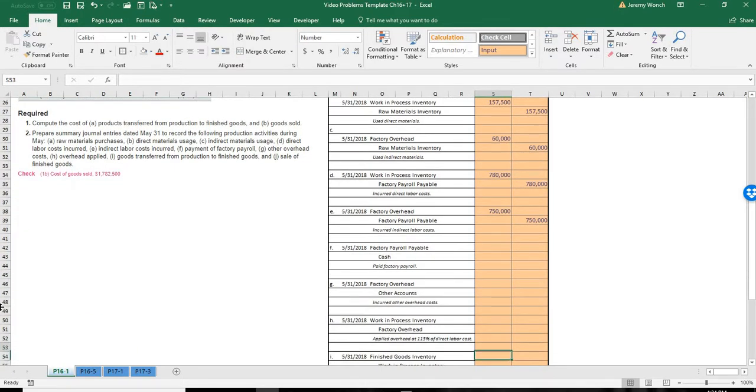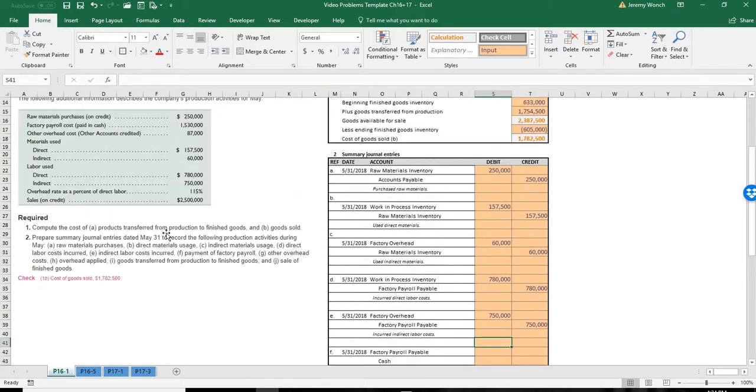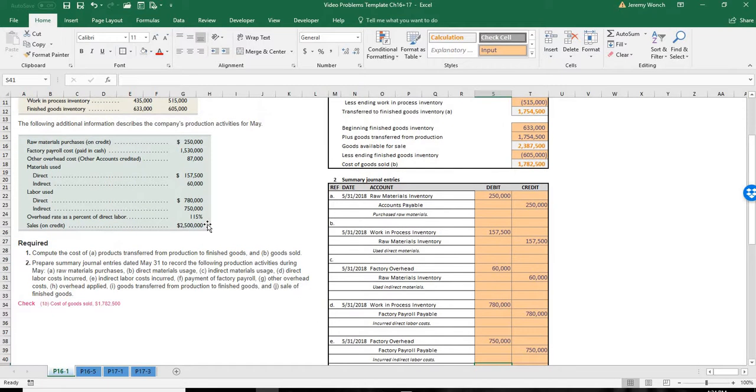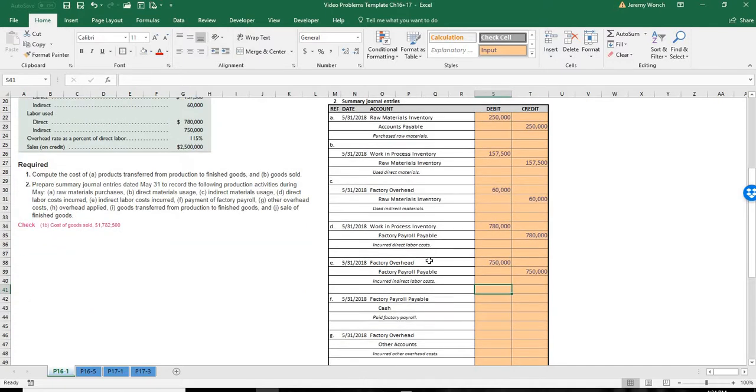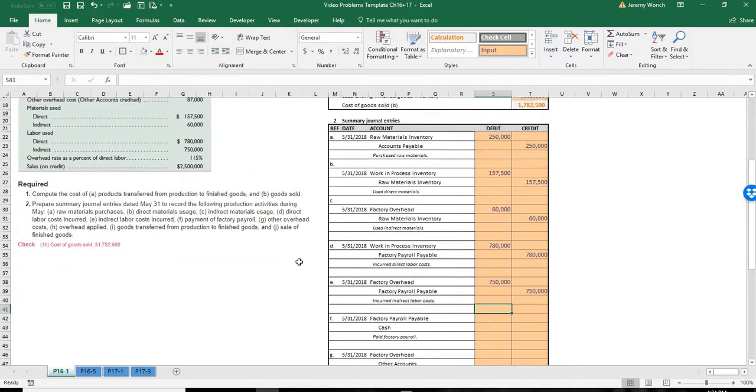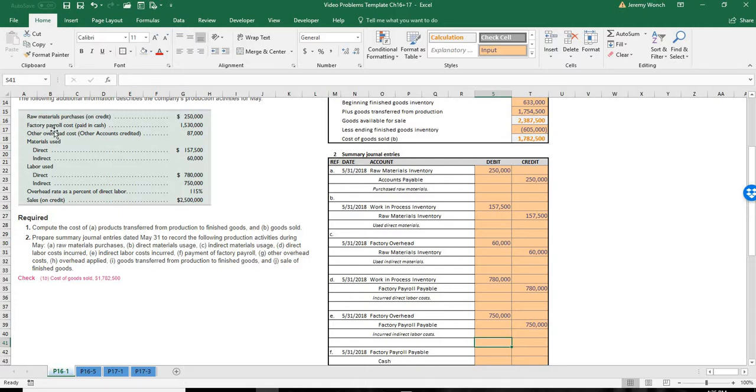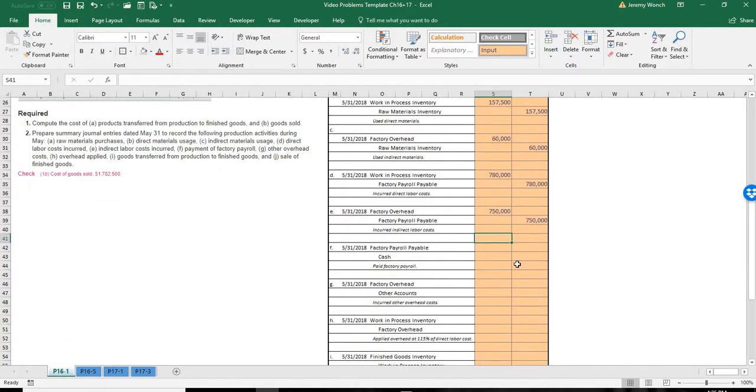Then we have to pay our payroll. Factory payroll, paid in cash, of 1.530 million.